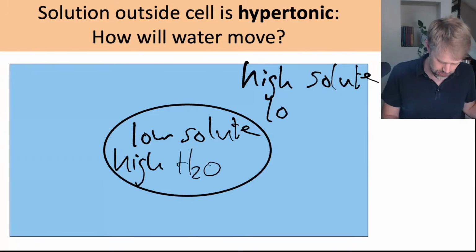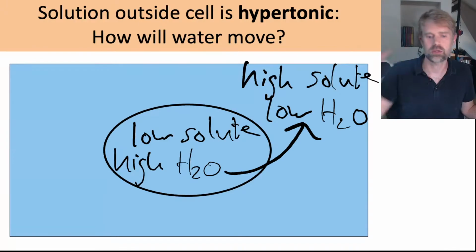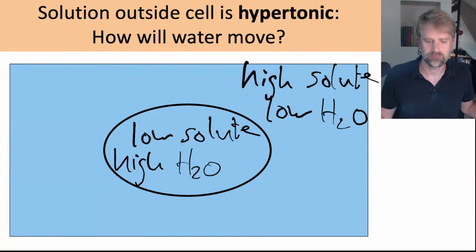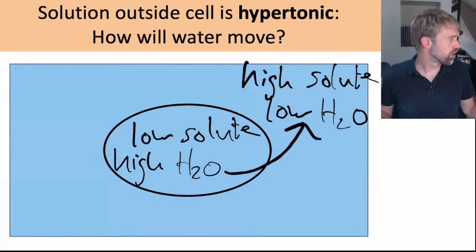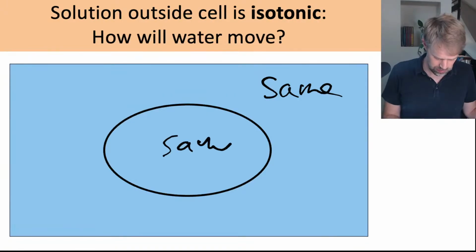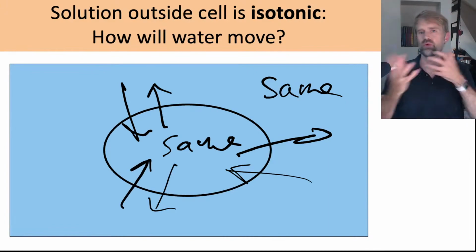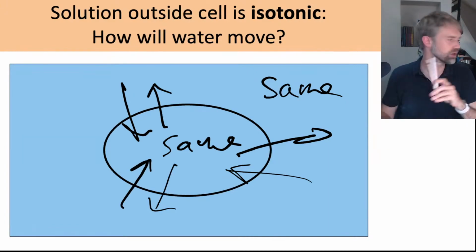A high solute concentration means a low water concentration. And similarly, water moves from high to low. And if we have isotonic, it means we have the same in and out, and water will move in, it will move out, but it's not going to move more in one direction than the other.